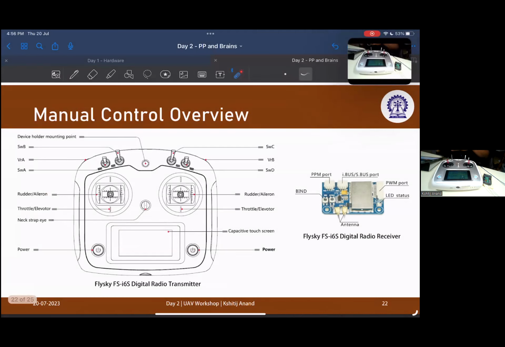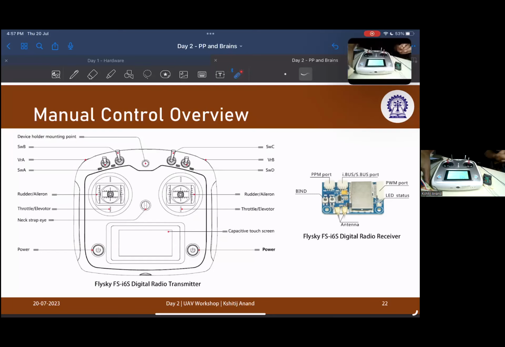This is an XT60 connector, and this is a lead which goes into the charger. This is the balance lead. It has one ground and 3 positives. I put it into a balance charger, and it ensures that the 3 cells get charged equally.